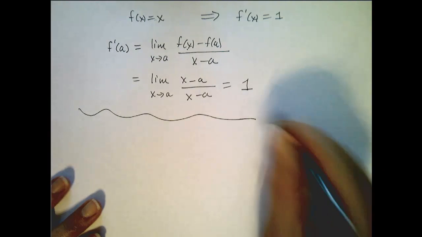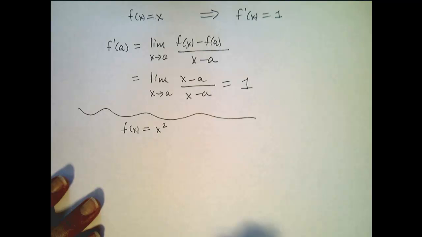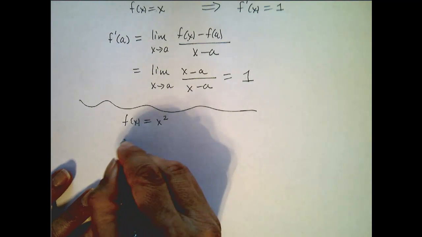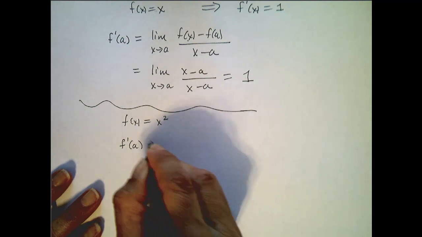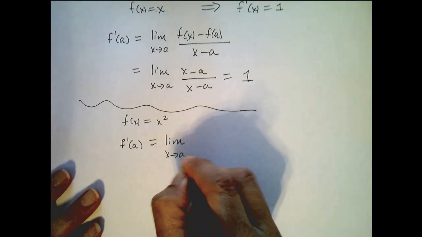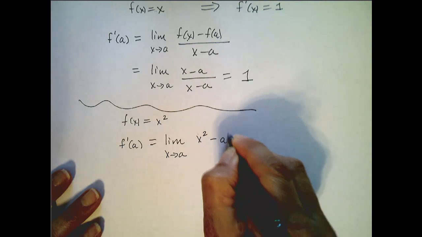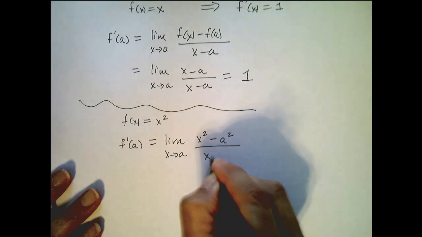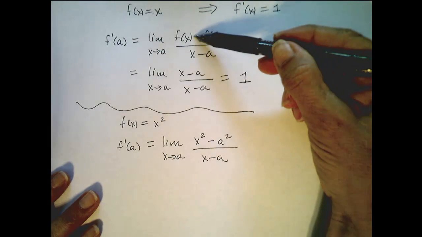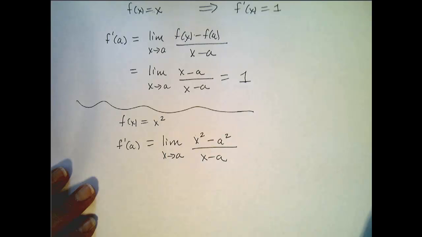Now let's look at f of x equals x squared. So let's find the derivative at a of this particular function. It's the limit as x approaches a of x squared minus a squared all over x minus a, because f of x is x squared, and so f of a would be a squared.